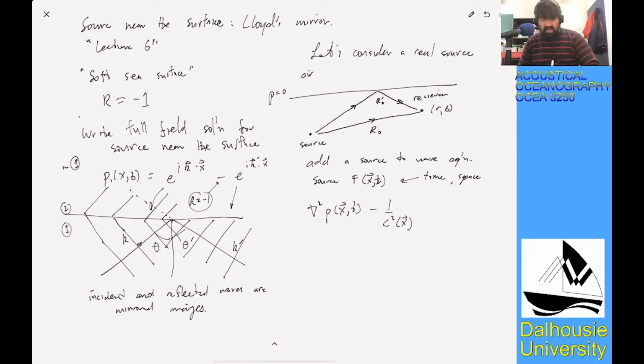We've got an inhomogeneous sound speed, and then the time derivative of the pressure term. And now instead of 0 on the right-hand side, I'm going to put a 4 pi f of x, t. Okay, so there's our source term. Before, we had f of x, t equals 0, and that gave us the homogeneous wave equation.